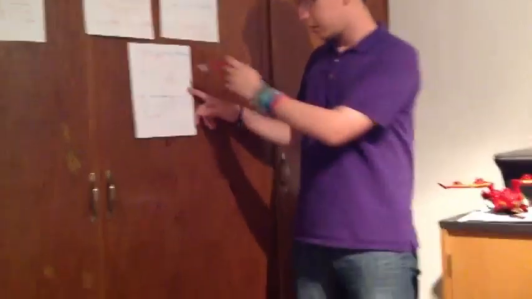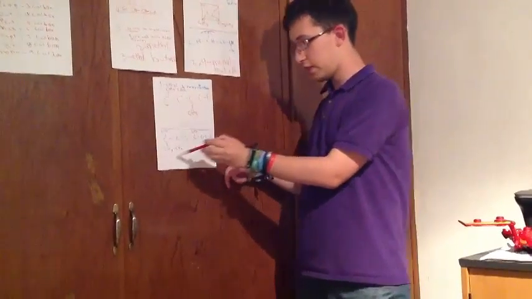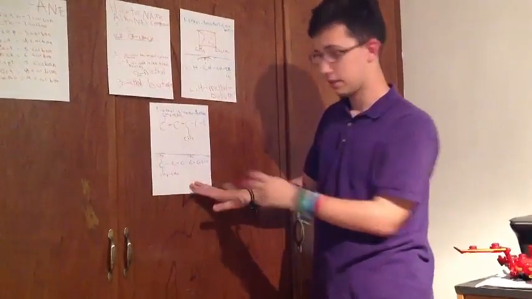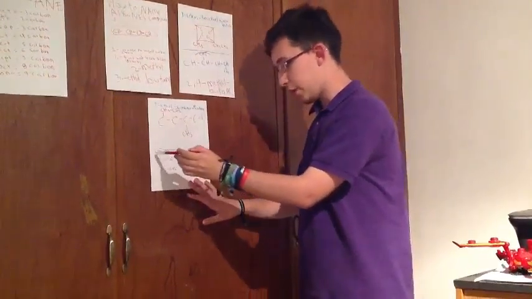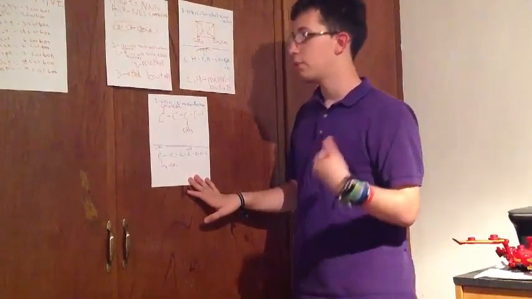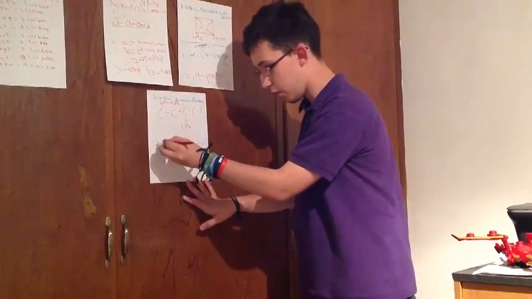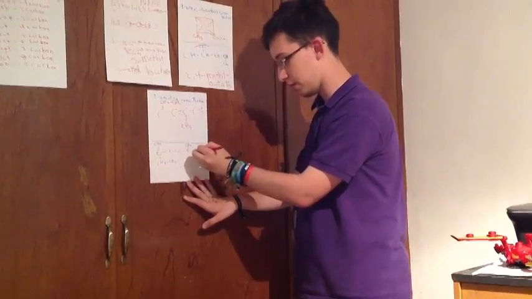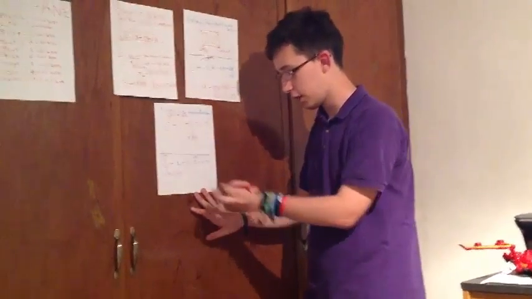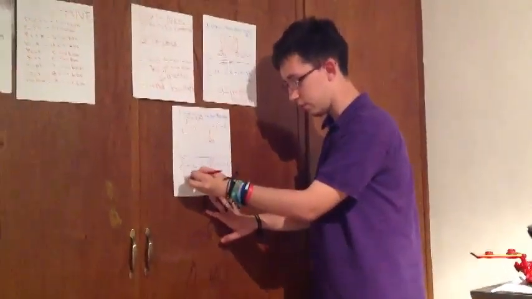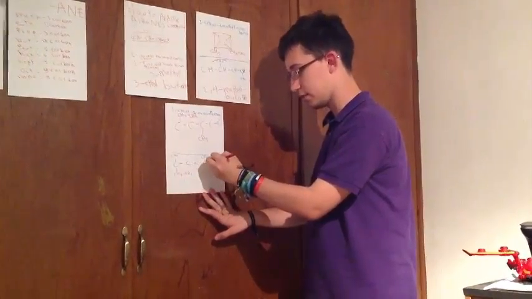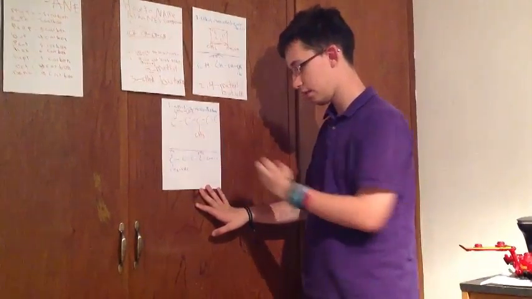And now we're going down to this formula that is a little more complicated. What we need to do first is identify the longest chain of carbons. So we start 1, 2, 3, 4, 5, 6, 7, 8. Okay, now down 1, 2, 3, 4, 5, 6, 7, 8, 9.